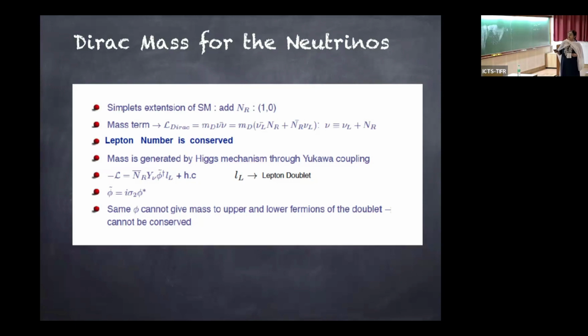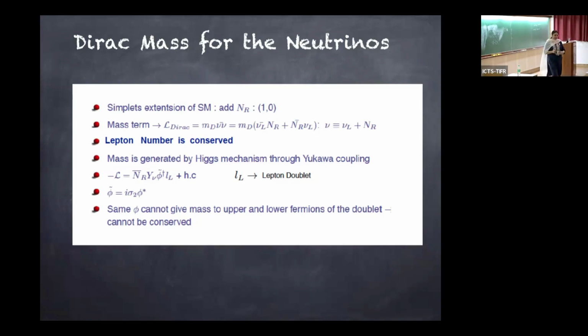Because if I don't use i sigma 2 phi star, then I will not be able to give mass to the upper component. The phi which is giving mass to the lower component will not give mass here, because if you do, then you see that nu L is not getting the mass. So for giving mass to the nu, I need the upper component. And for that, I have to use this i sigma 2 phi star, which will put this V up. So that is the importance of the 2-bar representation that I talked about, that the same phi cannot give mass.